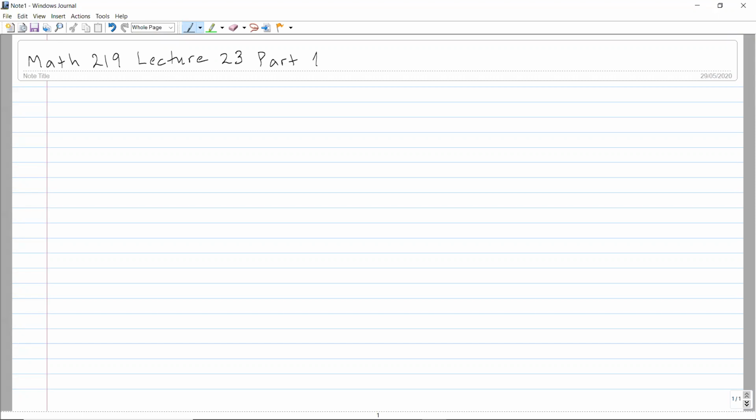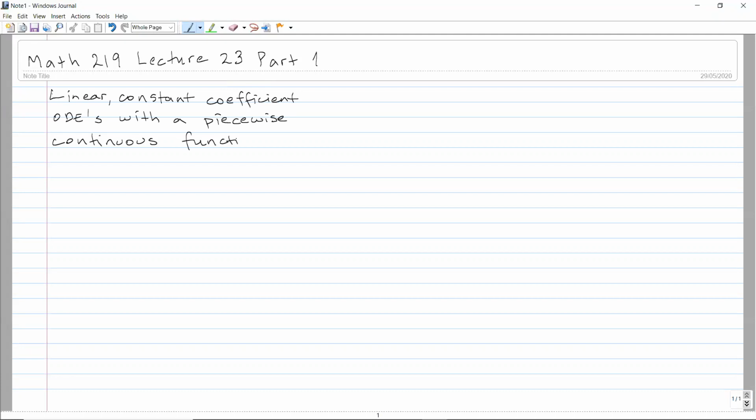And now in this lecture, we are going to apply it to linear constant coefficient ordinary differential equations with a piecewise continuous function on the right side.